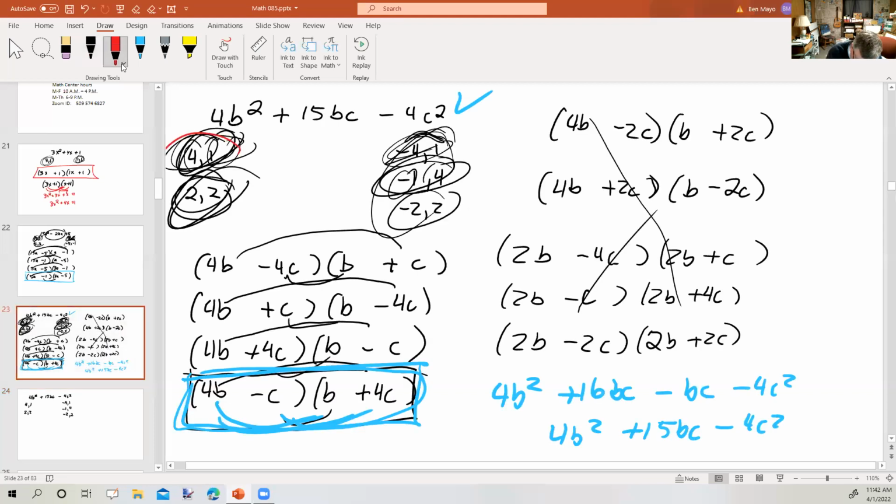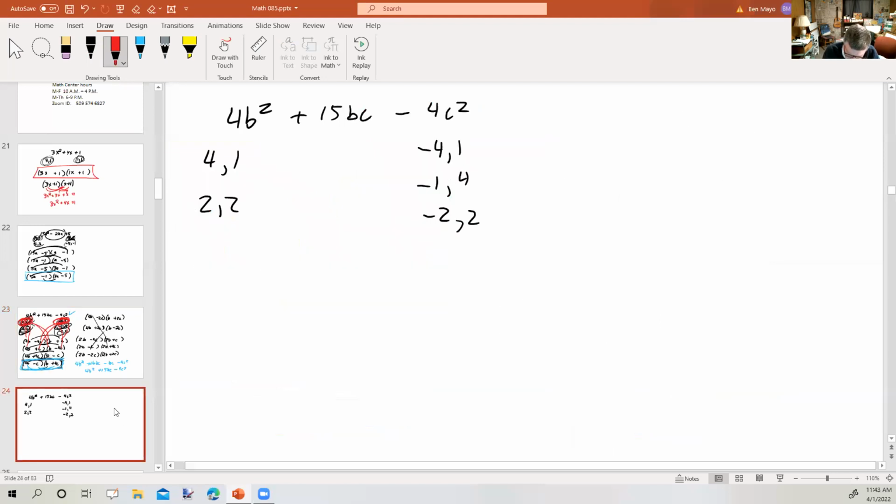When I'm looking at this combination with this combination, the 4 and the 1 and the negative 4 and the 1, I put the 4b and the 1b there, and then the minus 4c and the plus 1c, okay? And then I take this again, the 4b and the plus b, and I switch these around and put the plus 1 and the minus 4. So I'm taking one of these with one of those, plus the other of those with the other of those, and then switching them around, okay? So let's see.